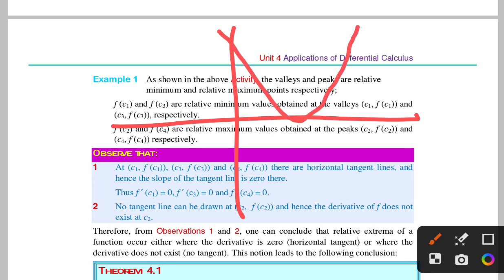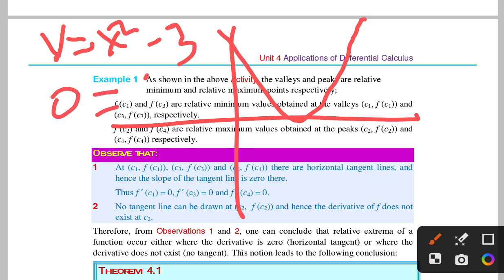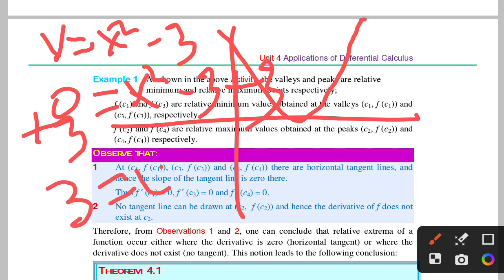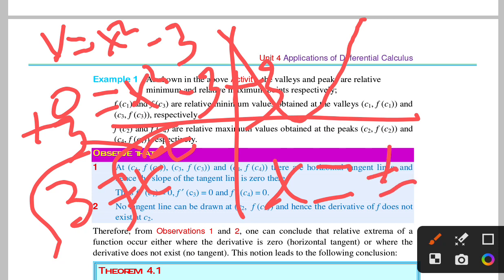When y equal to x square minus 3, make y 0: x square minus 3 is 0, so positive 3 equal to x square under radical. 2 by 2 is cancelled out. x equal to positive or negative under radical of 3.